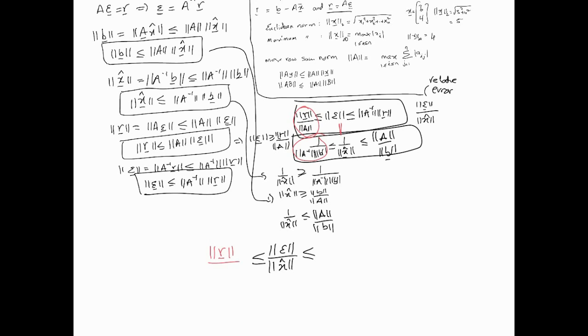over a, r over a into 1 over A inverse b. And if I take these two and multiply them, then I'm going to get here A inverse r.